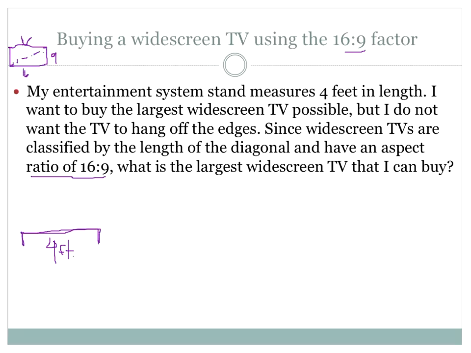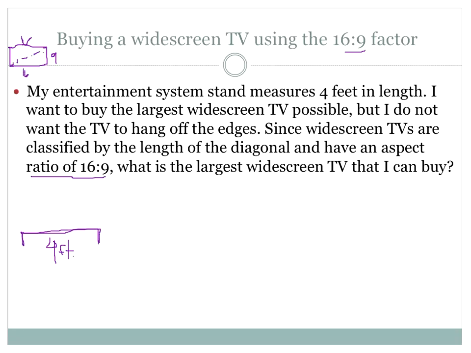Kay is helping us. She says use the ratio to find the height. So if I have 4 feet, how am I going to use the 16:9 ratio to find the height? And you're also free to talk if you need to. Okay, so 16:9 equals 4 to x, or 4 to the height.